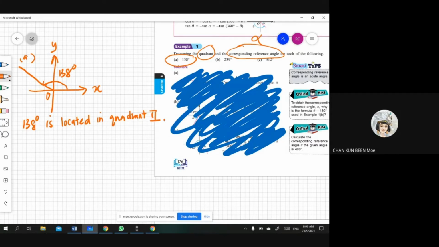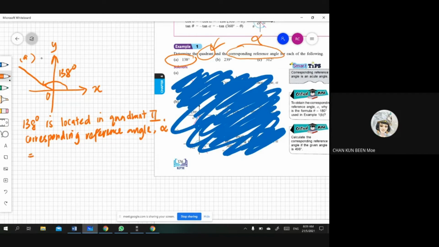Okay, now we already found the quadrant. We just need to find the corresponding reference angle. So I write down for the first one to let you see the rest. Later on, we just find the answer straight away. The corresponding reference angle, the alpha.